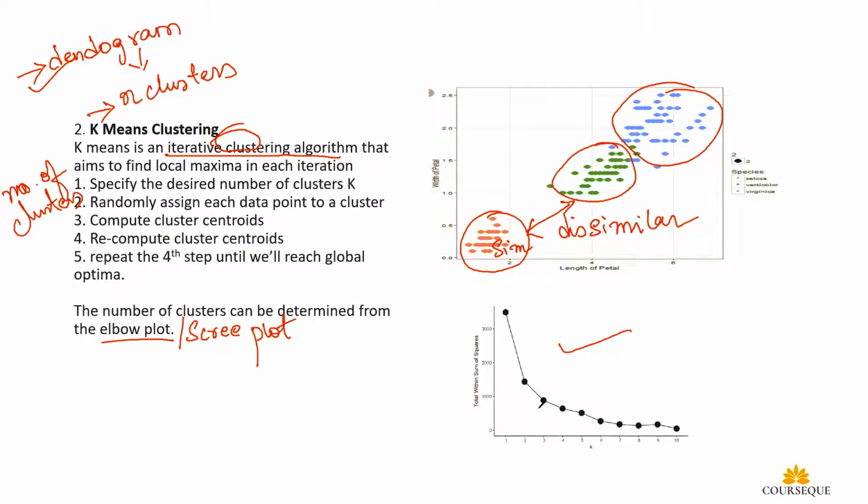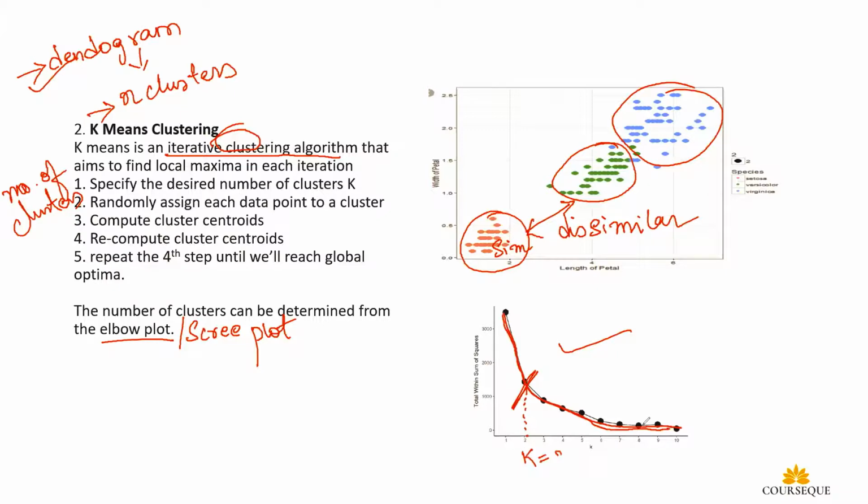Okay, so in this plot, wherever you find a sudden bend, see, here you are finding something different. This is one type of bend, and here completely the bend is changing, which means this is the point which is your optimal K value.